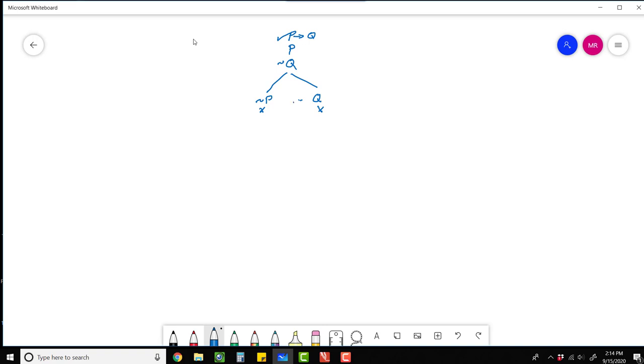A valid argument, you'll remember, is an argument in which it is impossible to have true premises and a false, i.e., a negated conclusion. So that's exactly what we exploit in the rule of negation introduction, except we're not doing trees, we're doing natural deduction.